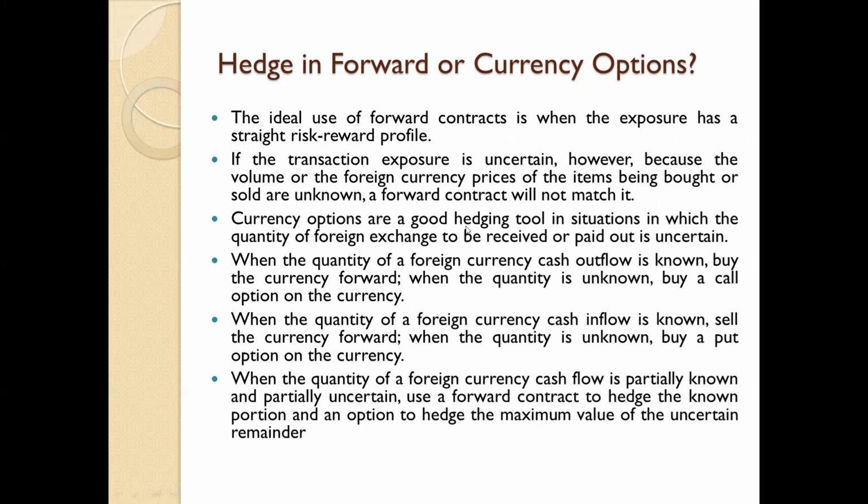When the quantity of foreign currency cash outflow is known, that means we know exactly how much is paid in future, it is better to go with a forward buying contract. But if the quantity is unknown, like our bid transaction example, therefore it is better to go with a call option contract.